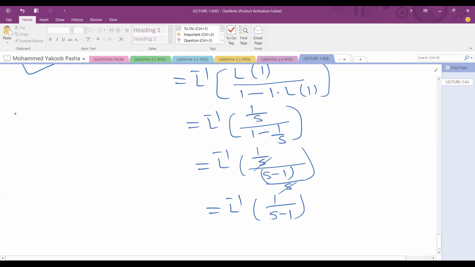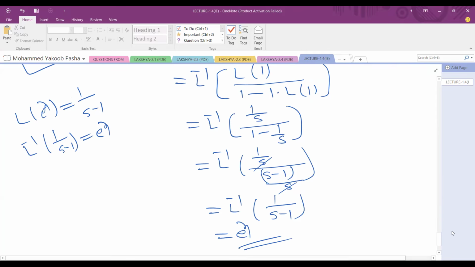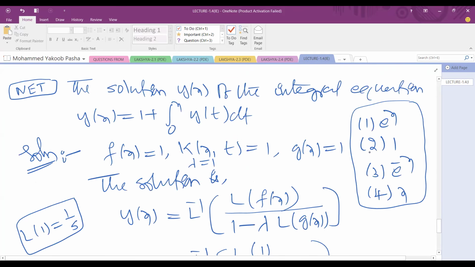Already we know that Laplacian of e power x is 1 by s minus 1. So inverse Laplacian of 1 by s minus 1 is equal to e power x. So this is my solution, simple. So e power x satisfies the given equation.